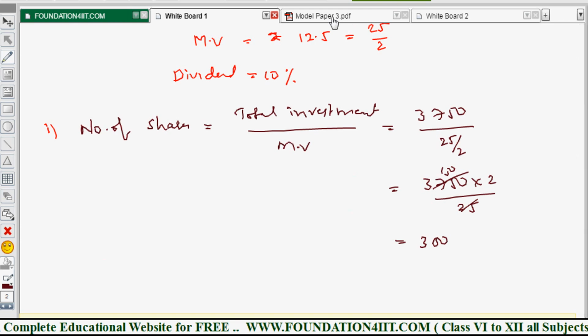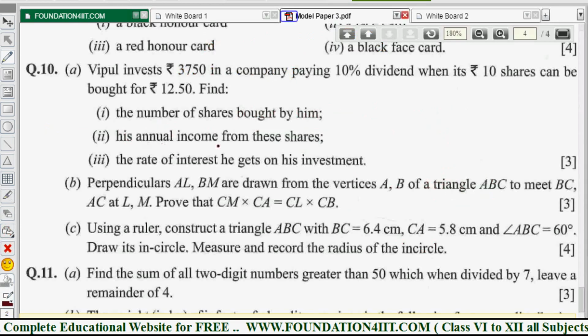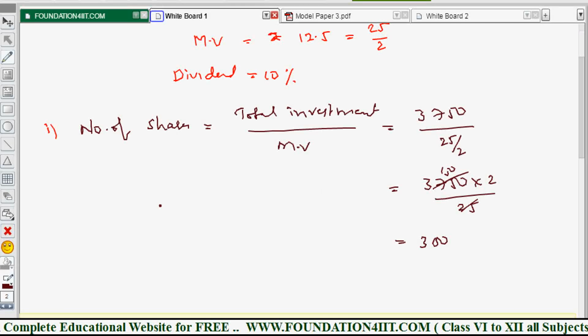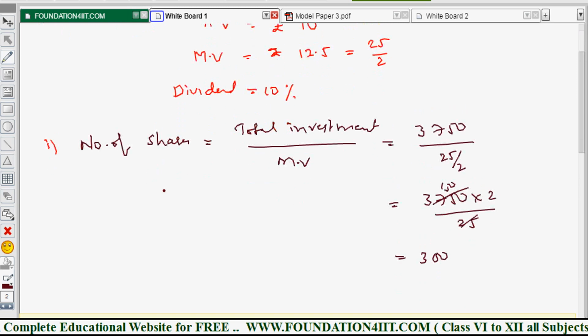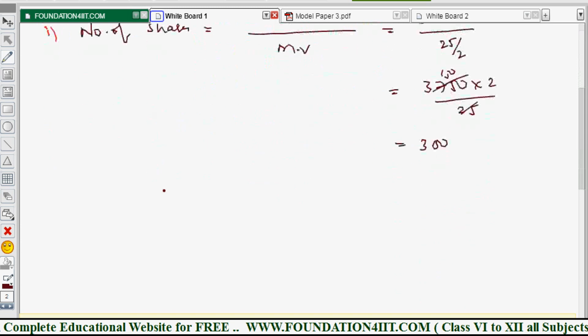Now the second one, observe, is annual income from these shares. We need to find out the income on one share first. To find out the income on one share, we need the dividend. Dividend is 10%. From that you can find out all the income.